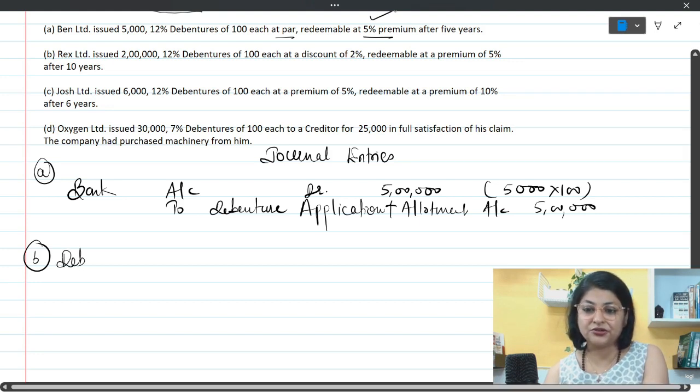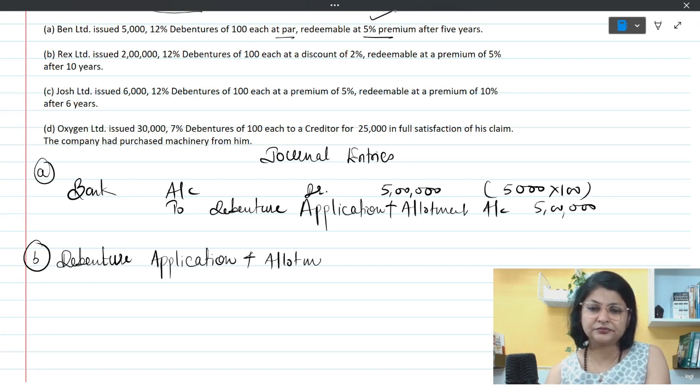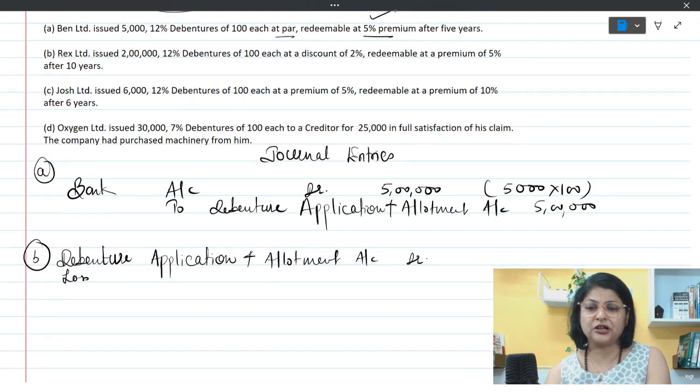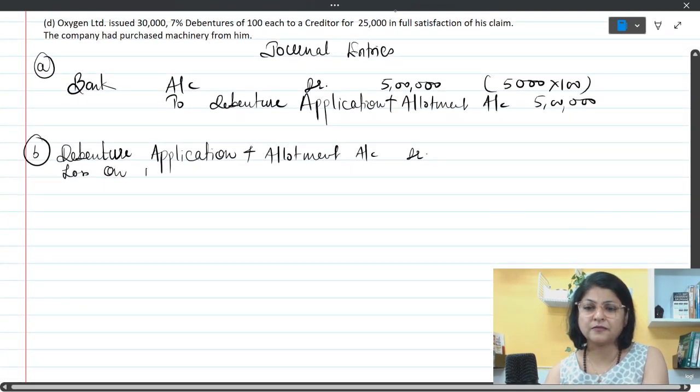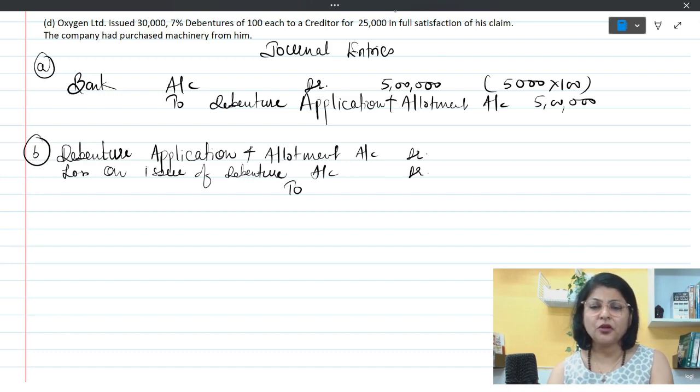So the entry is going to be debenture application and allotment account debit, loss on issue of debenture account debit, to what is the name of the debenture?